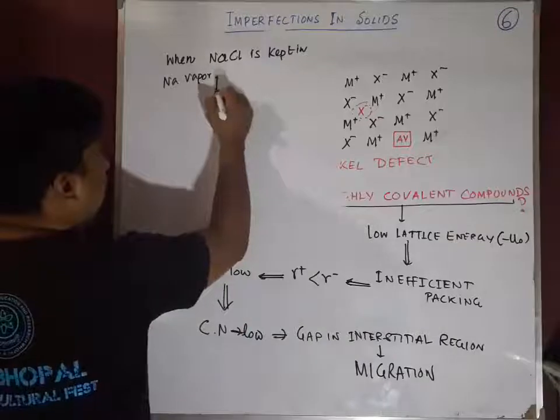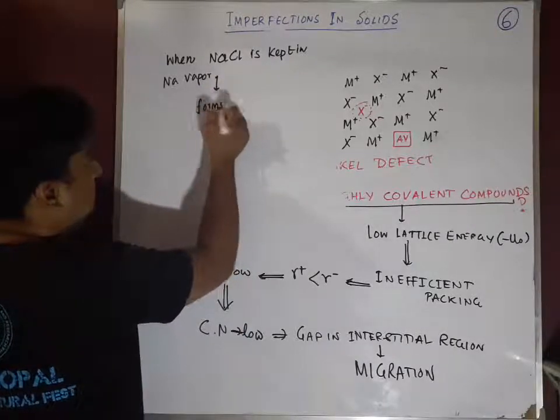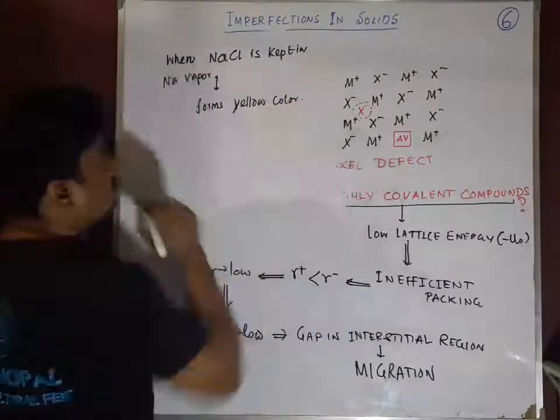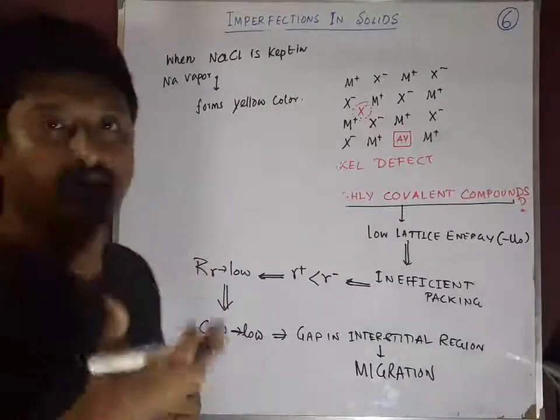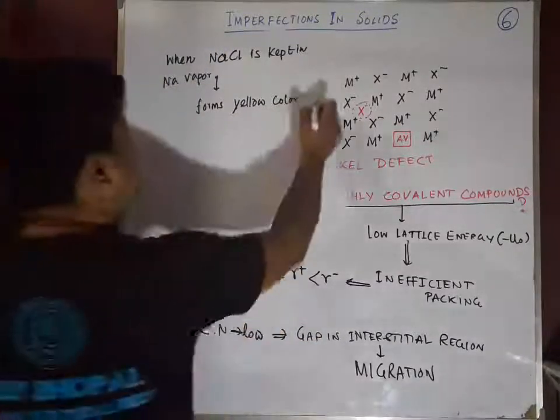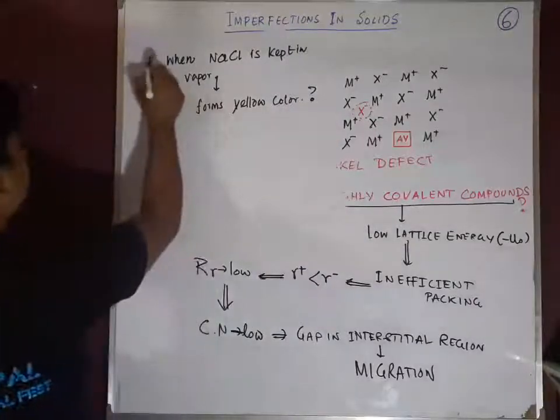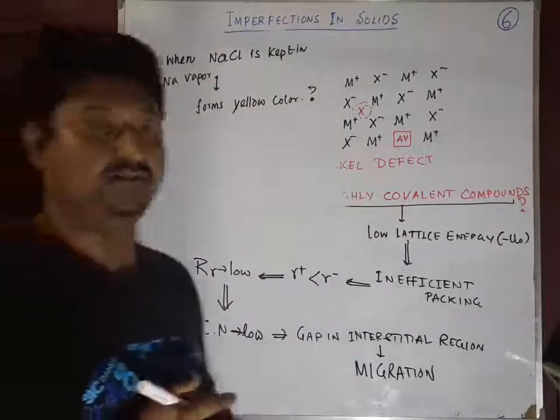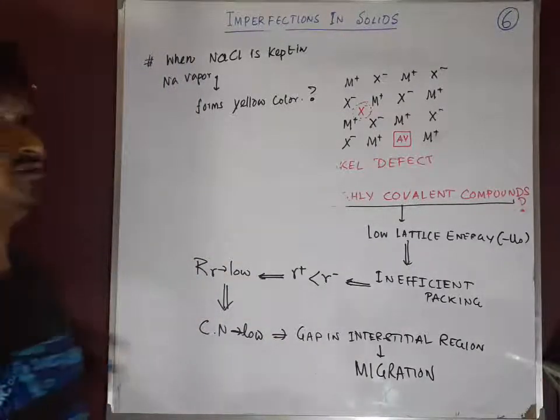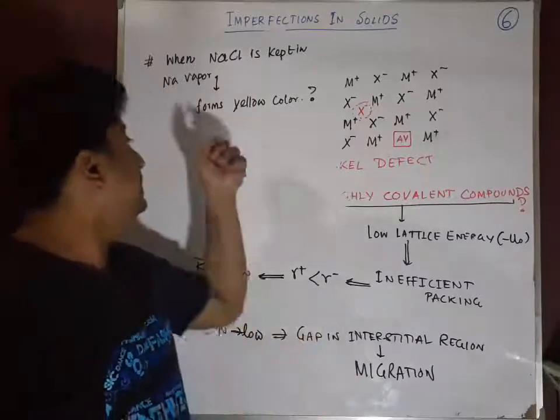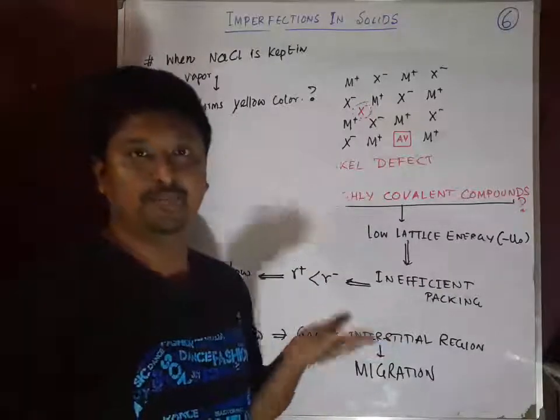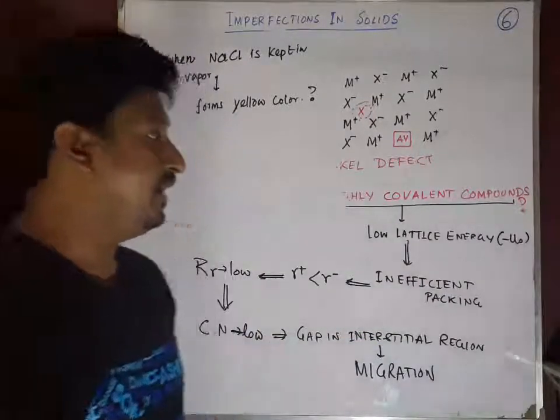So what will happen? A yellow colored appearance is observed on sodium chloride, yellow colored appearance of a white crystal. It's important. I will add it in your assignment also. So think about it: when a sodium chloride crystal is kept in sodium vapor, yellow color is observed on sodium chloride. Why?